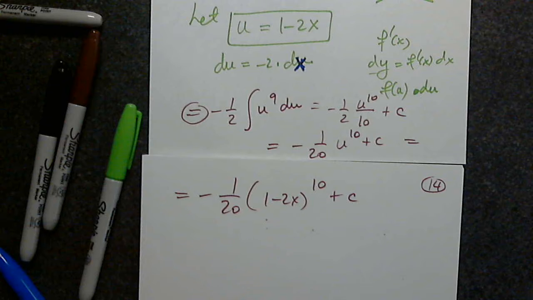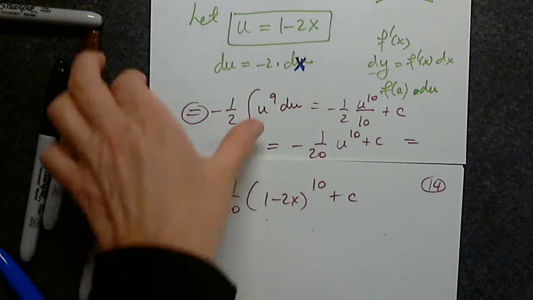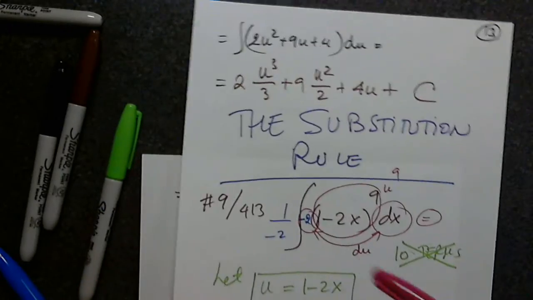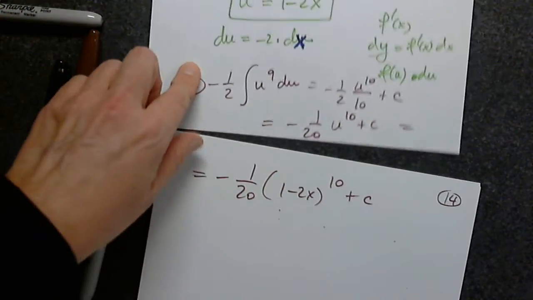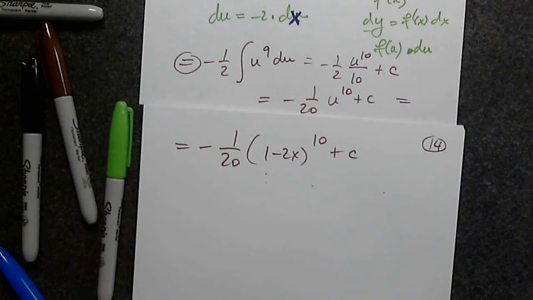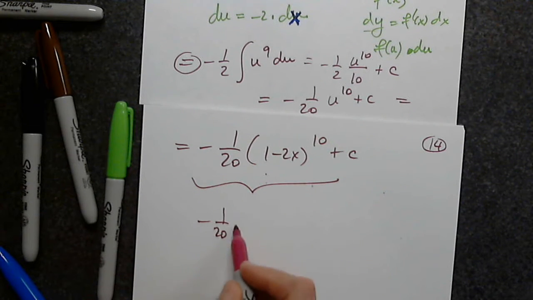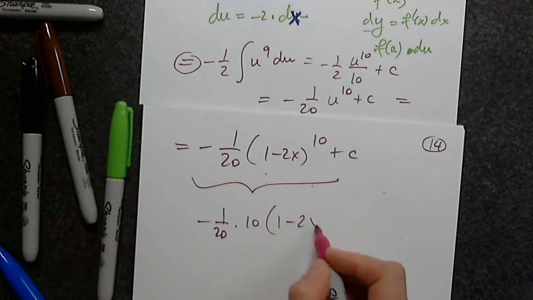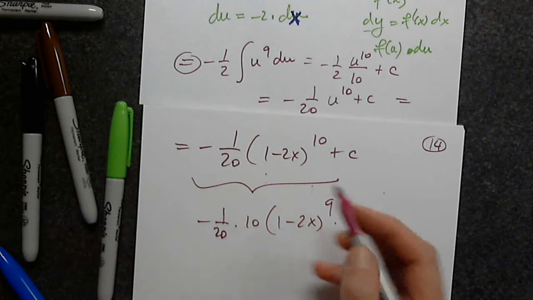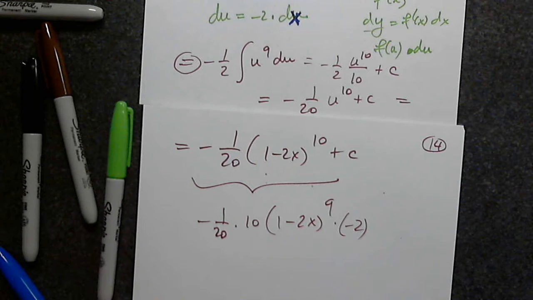It's an indefinite integral. If you have any doubts, what will you do? Check. Just differentiate and see if you get 1 minus 2x, everything to the 9th power. Let's check. This is our answer. We want to differentiate this. It's negative 1 over 20. We bring down 10, we subtract 1 from the power, and we differentiate the inner function.